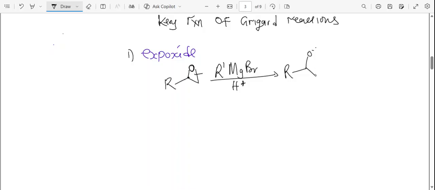So this is the bond that I've broken. So here the R group, the allyl group, will be transferred there. Then this hydrogen from the workup will be used, and since this is negative, they will form what we call an alcohol there. All right. So this is the product that will be formed. Okay. So that is it, reaction of epoxides with these Grignard reagents.